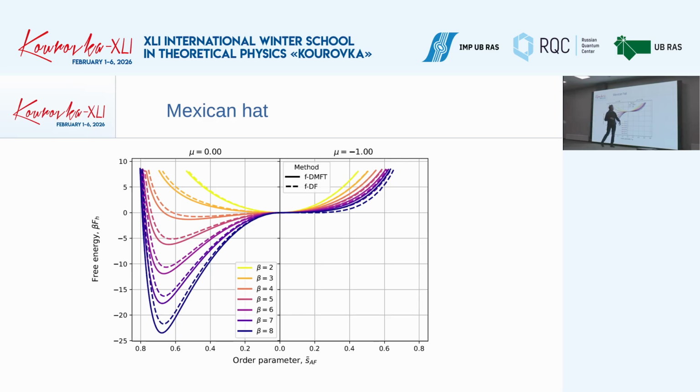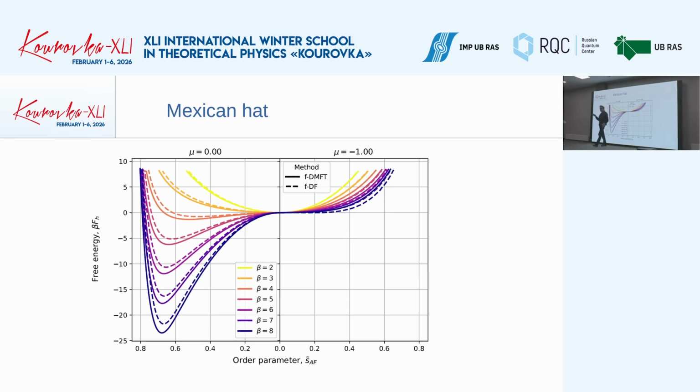Well, what we have on the right is the same curves plotted for a different value of the chemical potential. So this is not exactly half filling. This is like 10% doping. And you see that the picture is completely different.